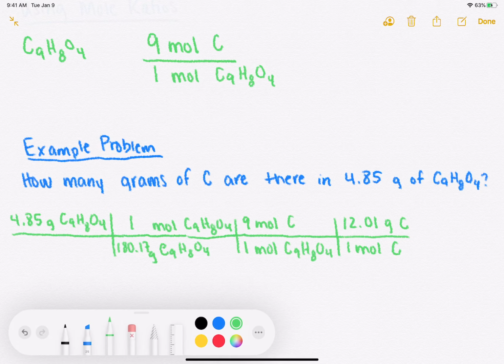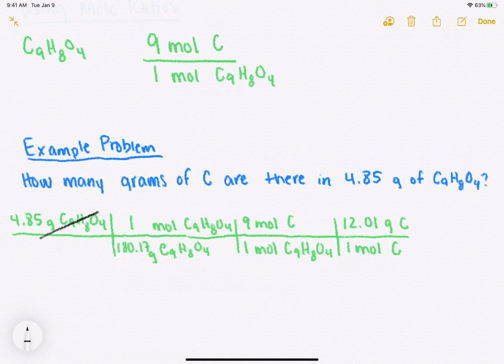Let's check our units. So grams of C9H8O4 cancels with grams of C9H8O4. Same thing with moles and moles. Moles of carbon with moles of carbon. And then we are left with grams of carbon in the top right corner. And that's what we were trying to find. So we probably set this up correctly since everything else cancels out.